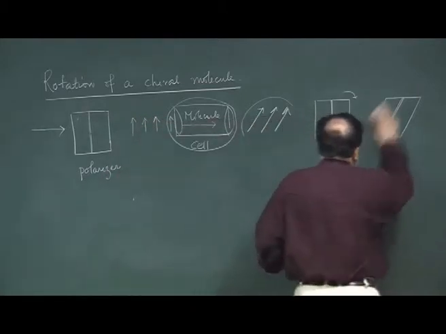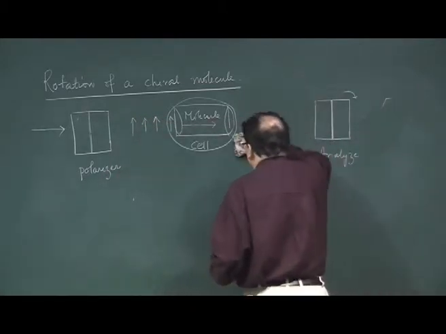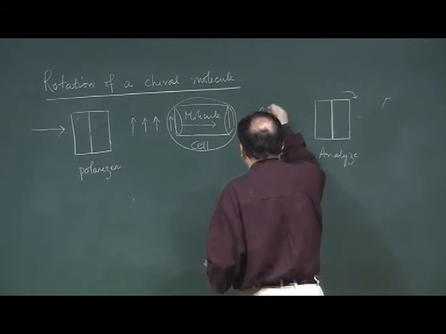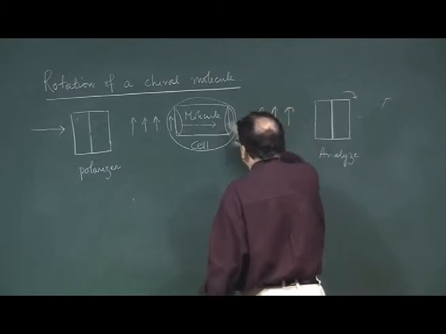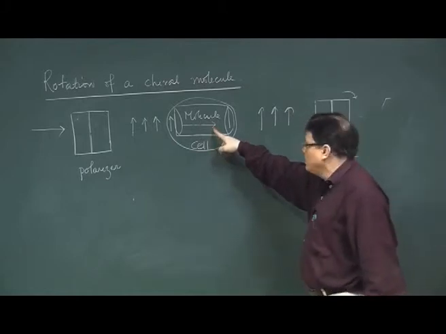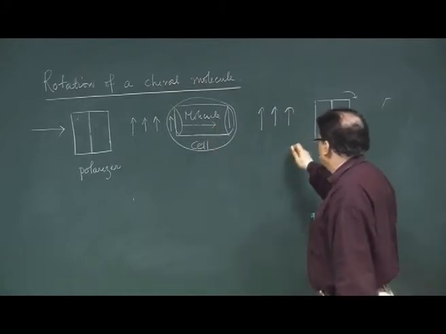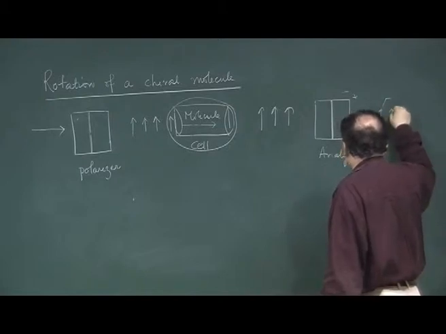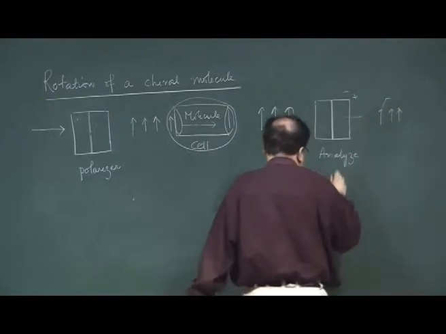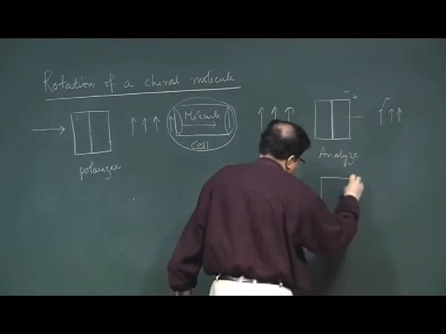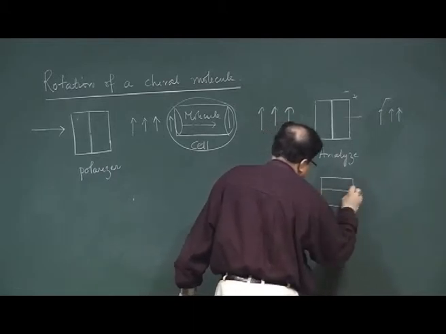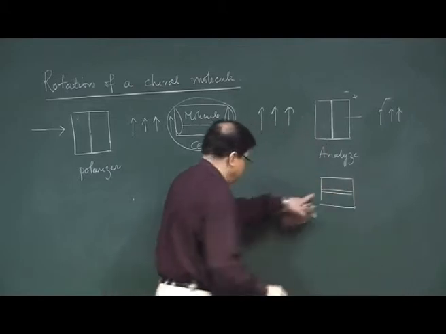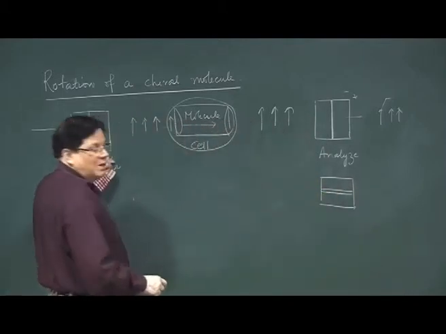Suppose this is not rotated, suppose this remains the same, this molecule is not chiral, so it will not rotate the plane of plane polarized light. So now the full intensity of light will come out from this side. If you now rotate it by 90 degrees and make it orthogonal, this slit is now orthogonal to this slit.